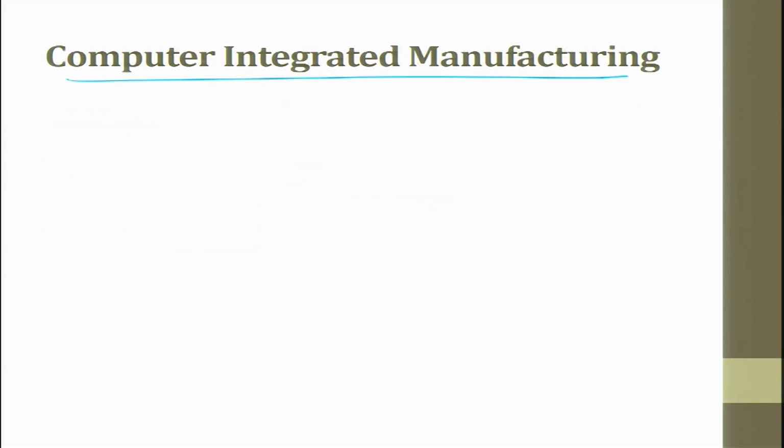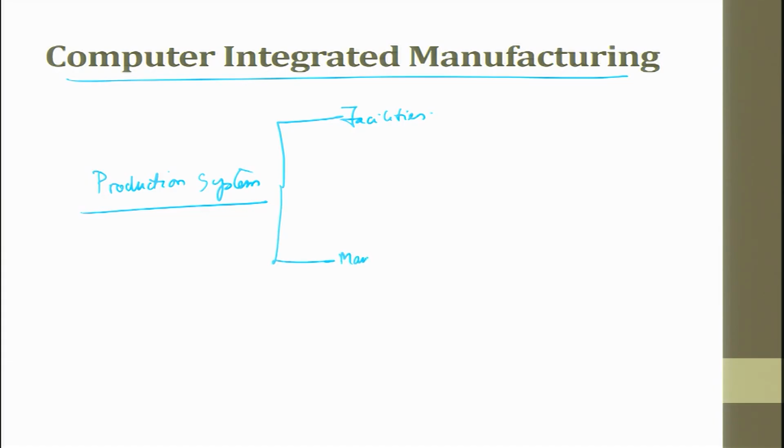So, when we talk about computer integrated manufacturing, it is a production system which has facilities and which has manufacturing support system. Facilities are of two kinds: one is called the manufacturing system, the other one is called the factory layout.